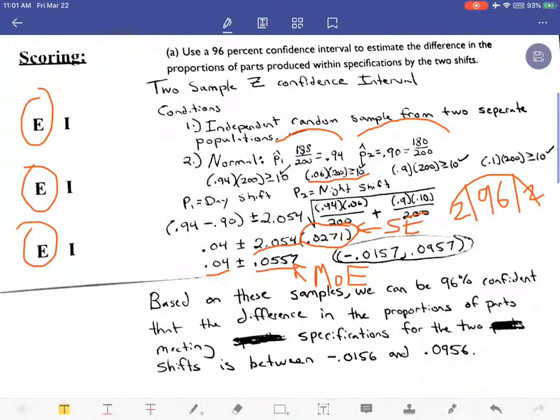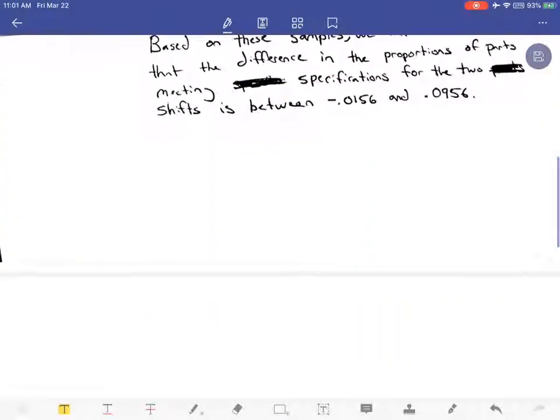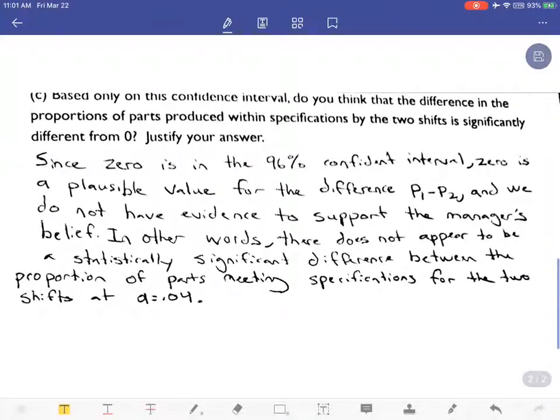So let's move on now to part B for this. This is based on this confidence interval. Do you think that the difference in the proportion of parts produced within specifications by the 2 shifts is significantly different from 0?